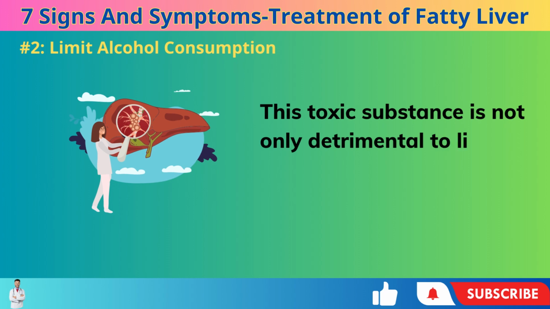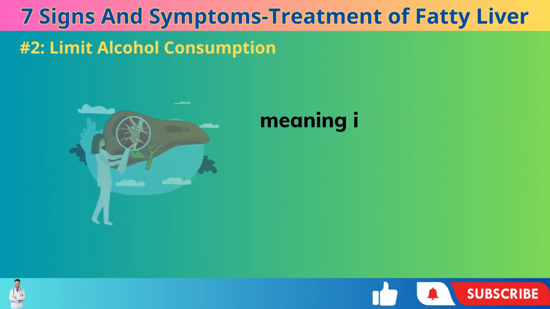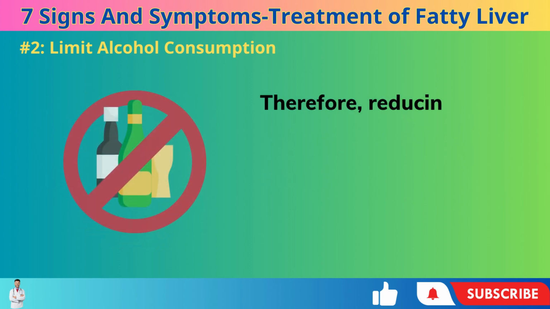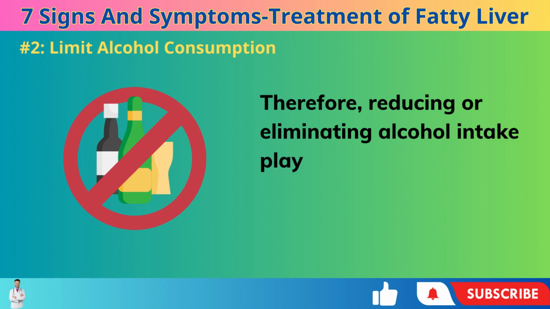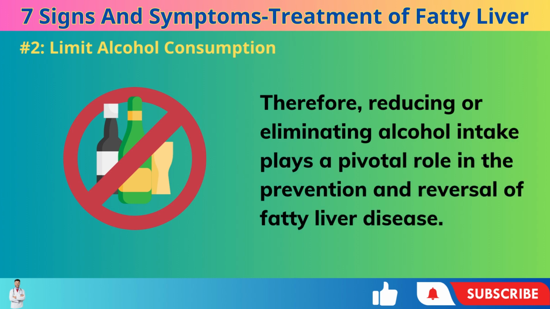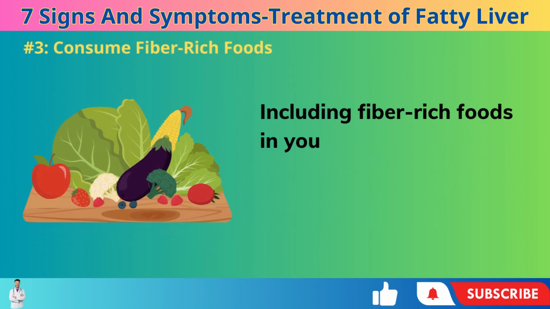This toxic substance is not only detrimental to liver health but is also considered carcinogenic, meaning it can increase the risk of developing cancer. Therefore, reducing or eliminating alcohol intake plays a pivotal role in the prevention and reversal of fatty liver disease.